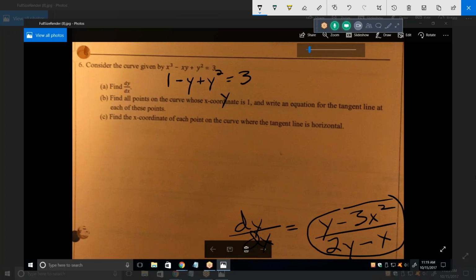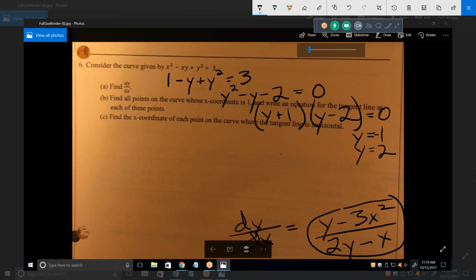That becomes y squared minus y minus 2 equals 0. And so that factors into y plus 1 times y minus 2. Good.